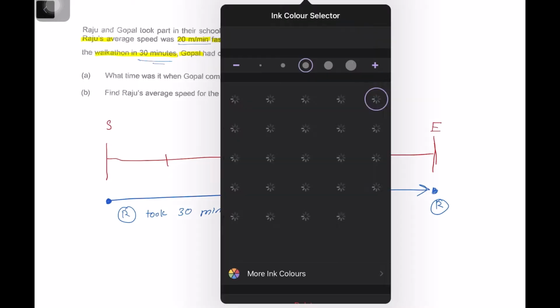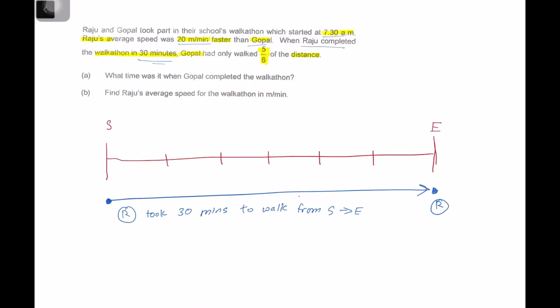And Gopal had only walked 5/6 of the distance. So it means he started from S but only walked till here in 30 minutes. So I will label him as G with a circle. So Gopal took.